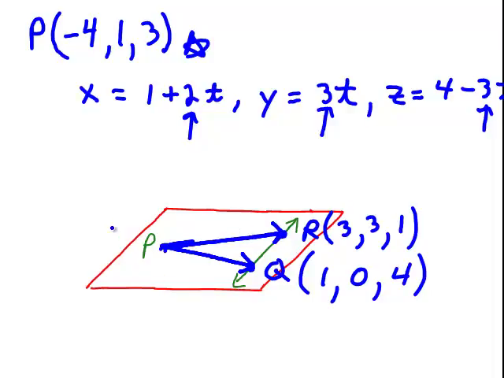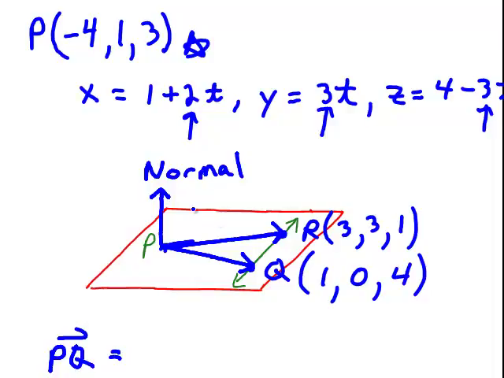And the idea is if I take the cross product of PQ and PR, I should get a vector that's normal to both PQ and PR, and therefore normal to the plane. And so that's how I can get a normal vector. All right. So how can I find PQ?